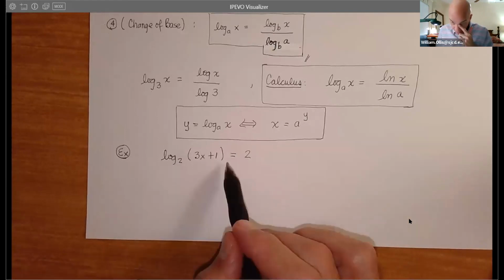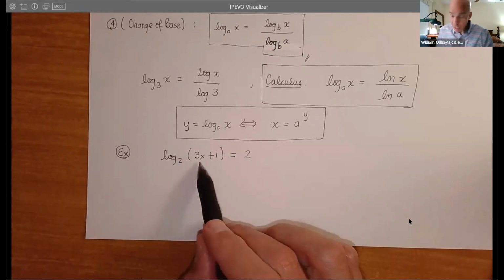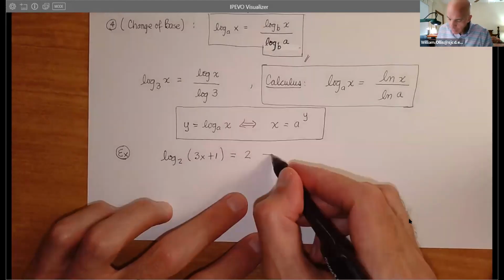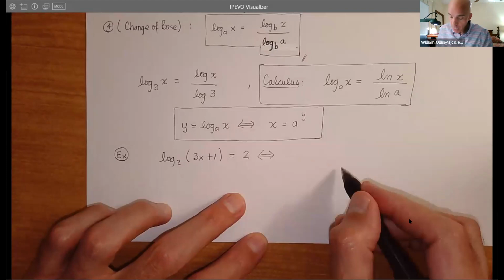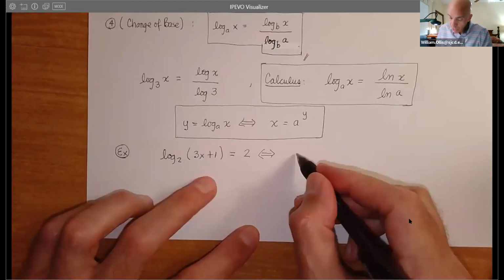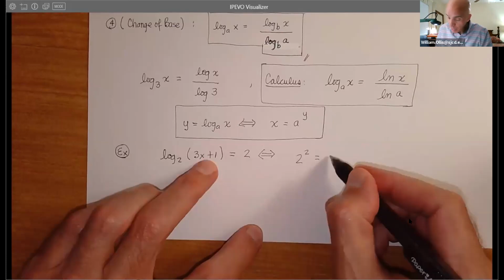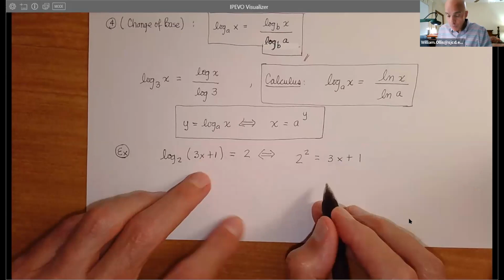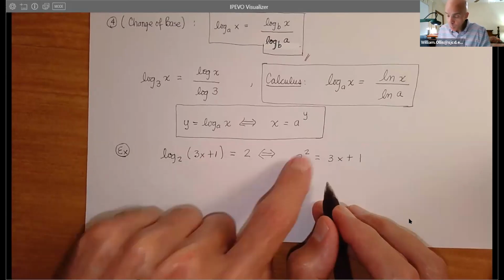And so we see that the power of 2 that actually equals 3x plus 1 is 2. So we think, okay, what's the equivalent exponential form, just like we were doing when we were computing logarithms? We'll say 2 raised to the second power is actually equal to 3x plus 1. So the power of 2 that equals 3x plus 1 is 2. So 2 to the 2 equals 3x plus 1.